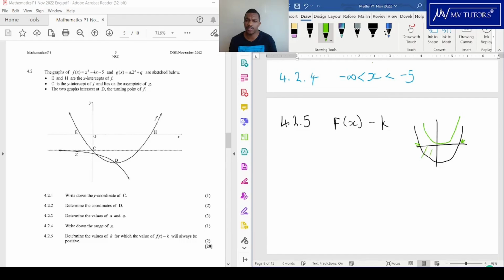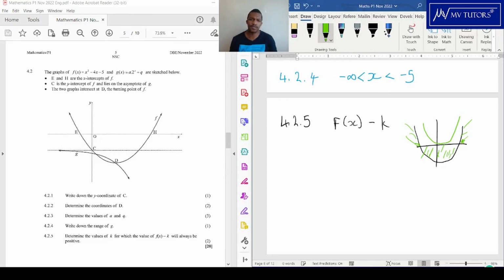It's negative all over there, and it's only positive over there, right? But if it moves up to there, then it's always positive. So how do we get up there?